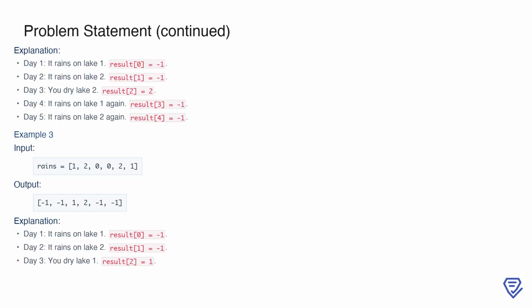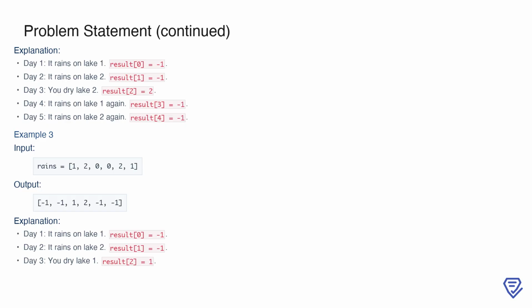Now consider the third example. The input rains is [1, 2, 0, 0, 2, 1]. On day 1, it rains on lake 1, so result[0] equals -1. On day 2, it rains on lake 2, making result[1] equal -1. On day 3, you have the opportunity to dry a lake, and you choose to dry lake 1. As a result, result[2] equals 1.